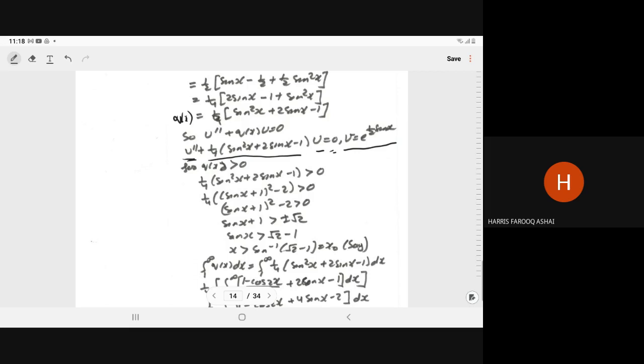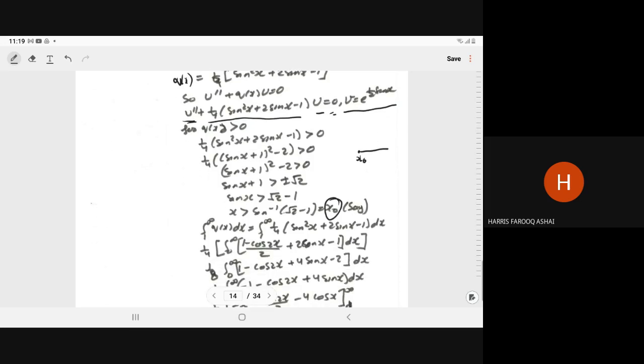So we have sin x plus 1 greater than plus minus root 2. So sin x will be greater than root 2 minus 1. So x greater than sine inverse of root 2 minus 1. Let's say this is x naught. So it means q value is positive after the certain point x naught on the positive x-axis.